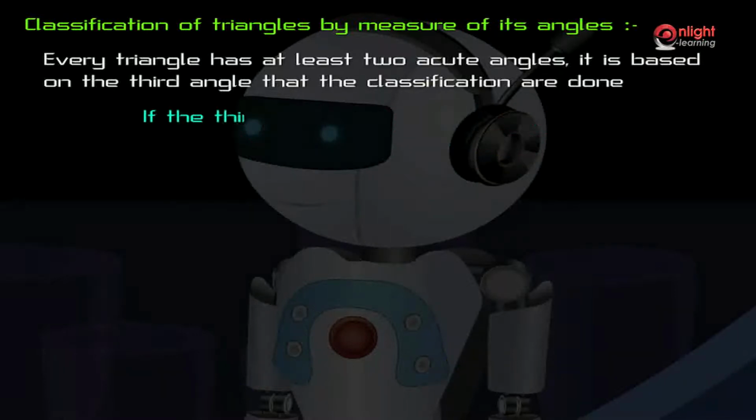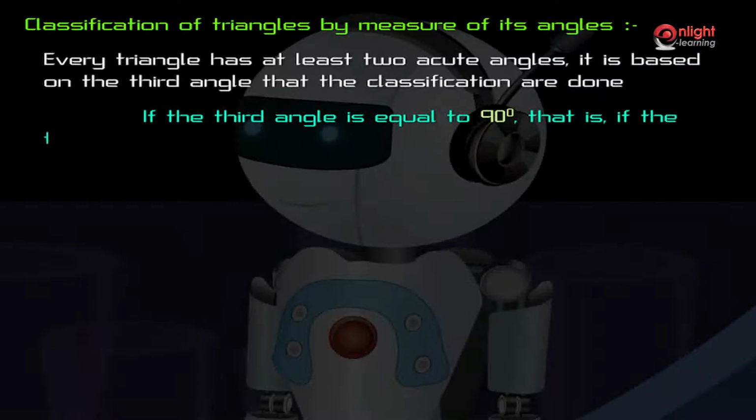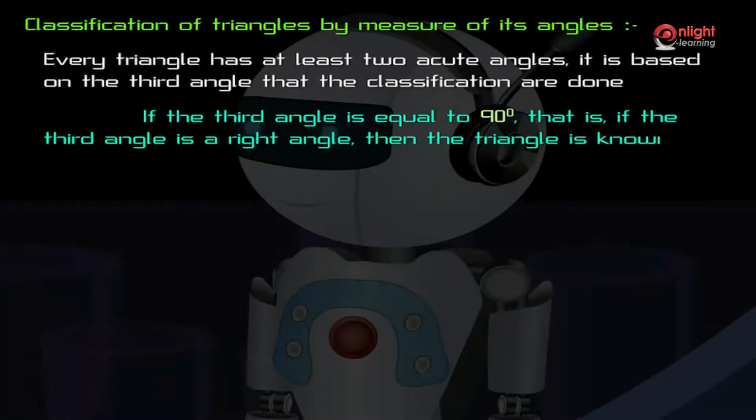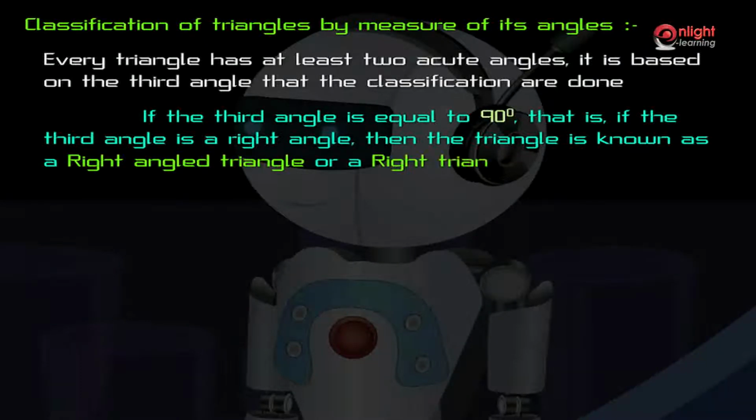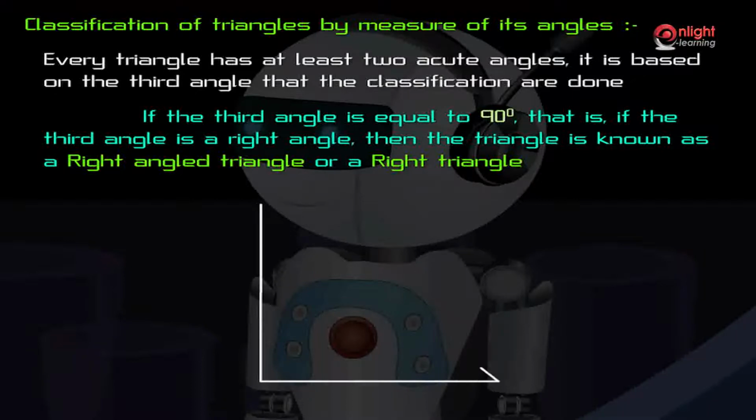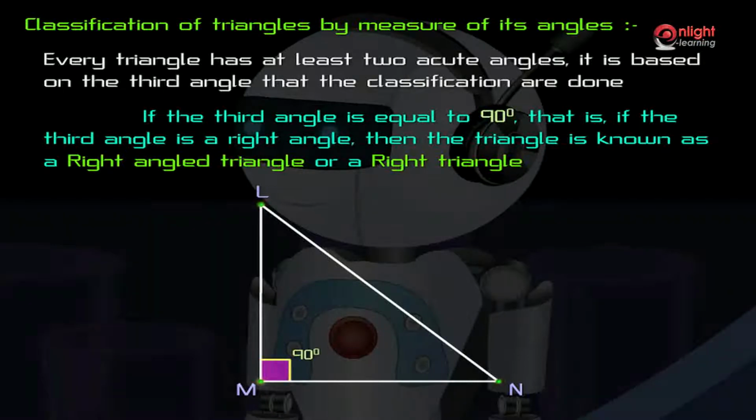If the third angle is equal to 90 degrees, that is, if the third angle is a right angle, then the triangle is known as a right angle triangle or a right triangle. Here, triangle LMN is a right angle triangle where angle M is a right angle and angle L and angle N are acute angles.